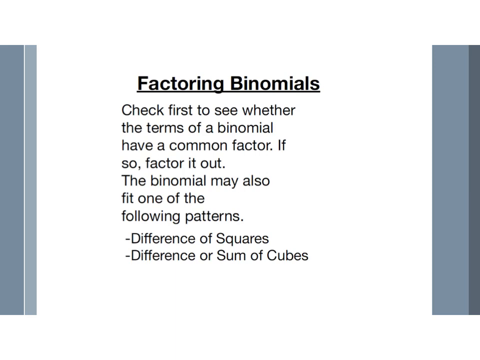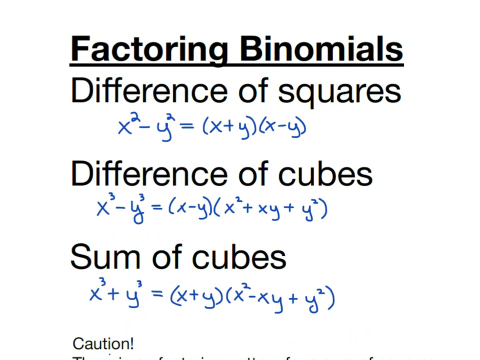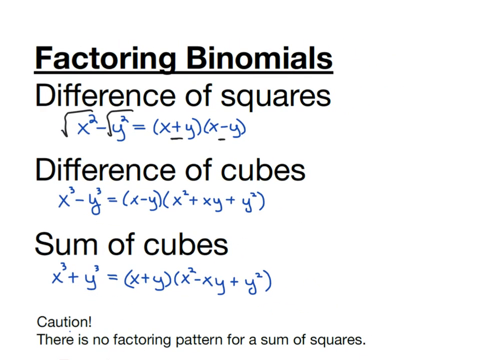So the patterns, and we talked about this a little bit when we FOILed, the pattern when I have two perfect squares is that you're going to square root the two terms, and then you'll put them into the binomials, one with a plus sign and one with a minus sign. So for example, if I have 4x squared minus 9, if you can realize that 4x squared and 9 are perfect squares, in order to factor this, all you do is find the square root of each term.